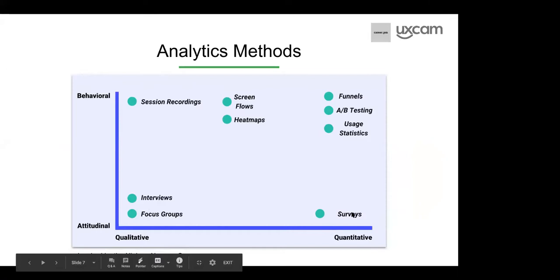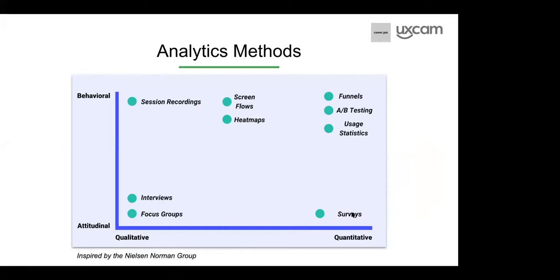This could be surveys where you ask for numbers, usage statistics, funnels, and stuff like that. And there are also some methods that are in between. For example, heat maps. Heat maps are based on the aggregation of numbers, so this would be quantitative, but the way it's displayed and the way you interpret it is like an image, so that's very qualitative. So sometimes the different methods mix up.